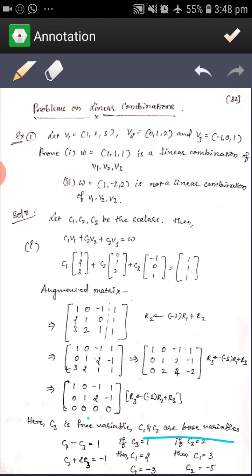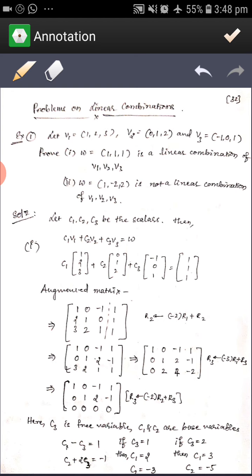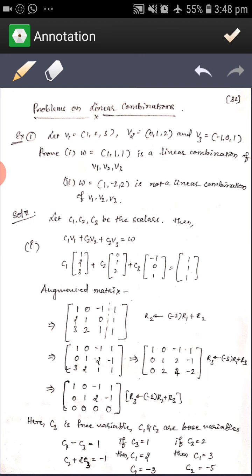Sorry, we can't take them directly, because here there are minus 1 and 2 values. We can directly take c1 equal to 1 and c2 equal to minus 1 only when these two terms are 0. So this is not in row reduced echelon form, this is in echelon form. So what we can write is c1 minus c3, the c2 term is 0 here, c1 minus c3 is equal to 1, and the third equation is 0 obviously.